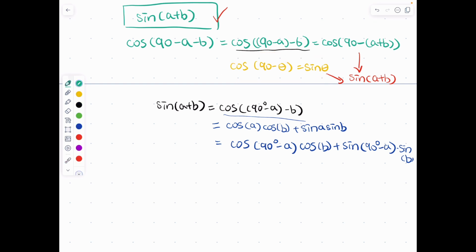And it's important to point out another identity, which is sine of 90 degrees minus theta is also equal to cosine of theta, just like the previous formula up here.